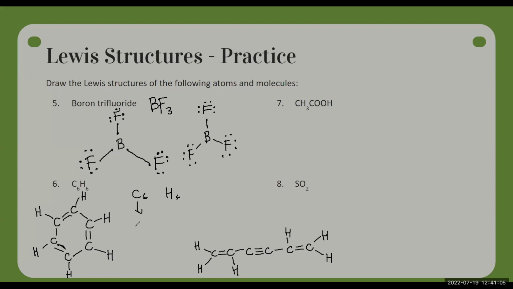So we can do 4 times 6. And that will get us 24 valence electrons. Hydrogens have 1 valence electron each. So we have 1 times 6. And then we would just want to make sure we have 30 valence electrons total, because we do 24 plus 6 to get us 30.